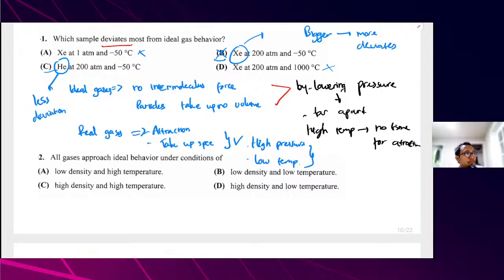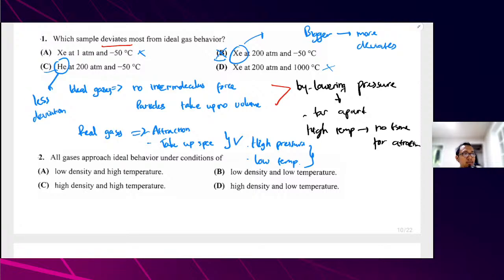All right, so as you can see, the ideal case assumes no intermolecular forces, and particles take up no volume. In the real case, which one is more?